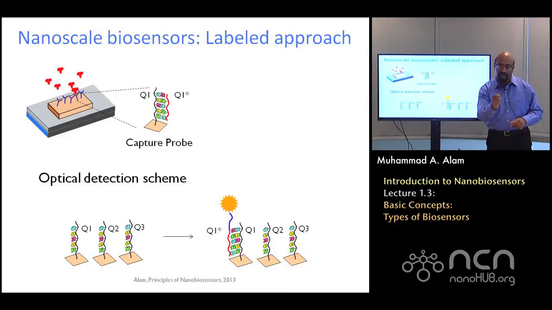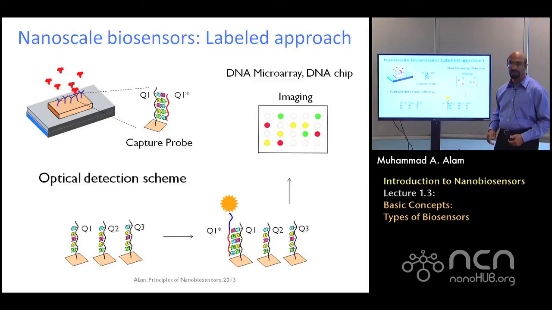So then if you shine light on it, then this tag will light up, thereby indicating the conjugation process, that something has been captured. But you see, what we have just done is used a secondary marker to indicate this conjugation event.